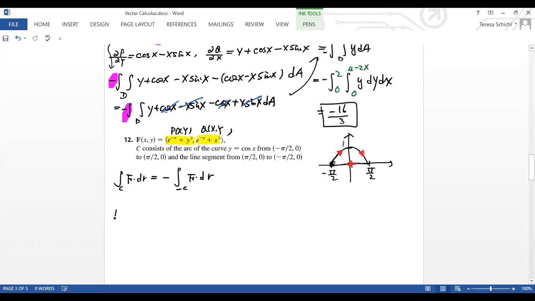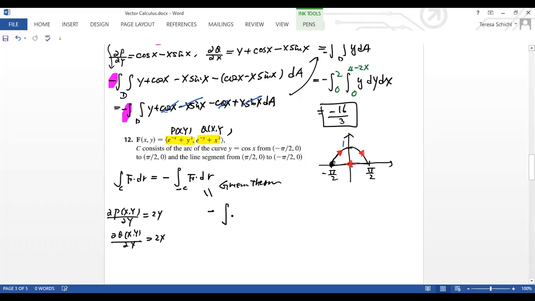Now for P(x,y), ∂P/∂y, let's see what it is. ∂P/∂y is 2y, right? Then for Q(x,y), ∂Q/∂x is equal to 2x. So this is by Green's theorem.